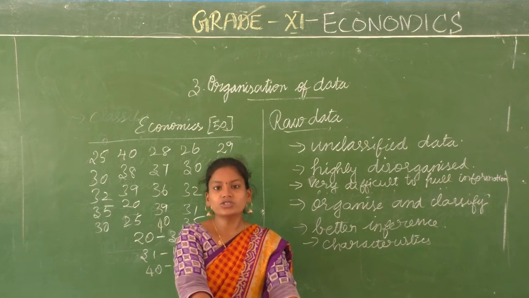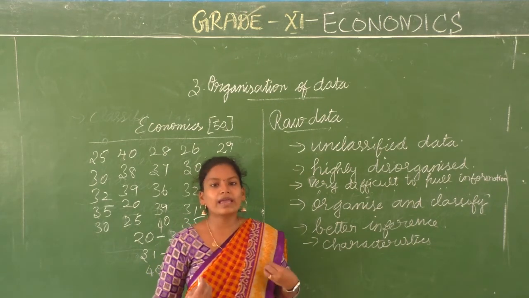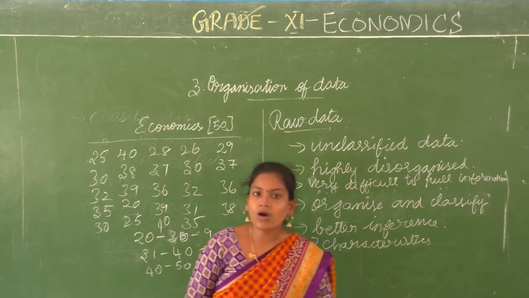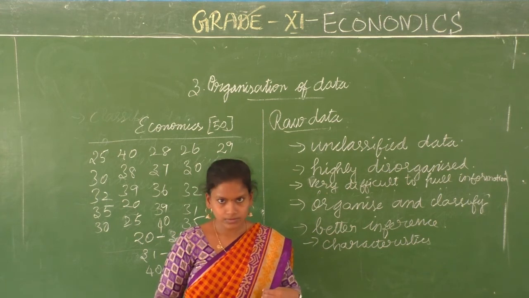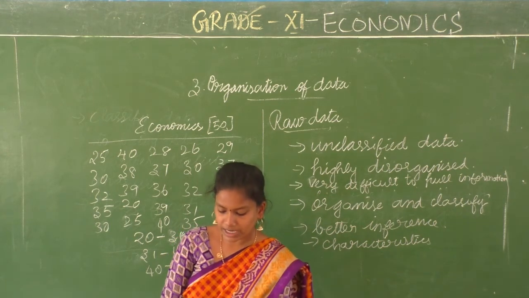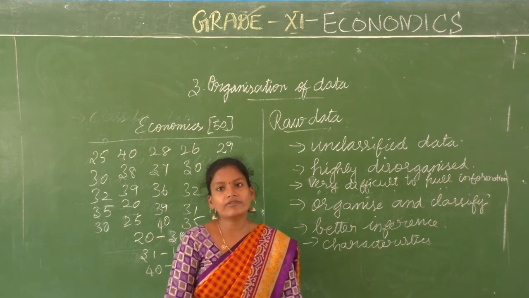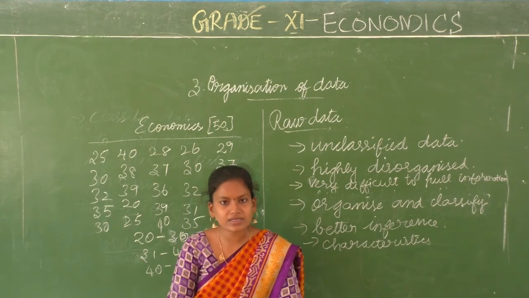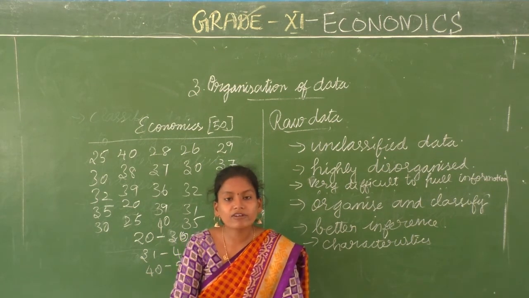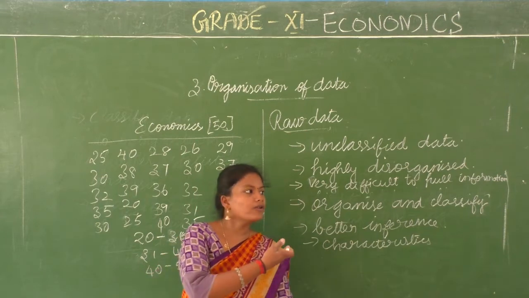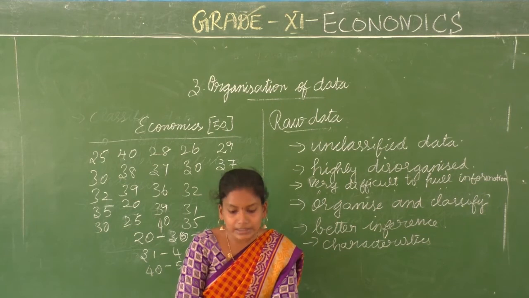When the census is presented to you like that, you will be able to use it for further analysis, or you can understand what is what. Clear, children? That is what we are discussing here. Not only the census of India, even the National Sample Survey presents its data in the same way. They will also classify the data and present it in an understandable format.